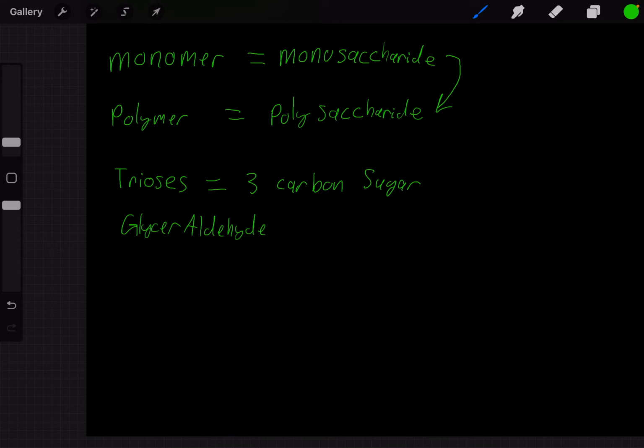You'll have a pentose, which is a 5 carbon sugar. A type of that would be ribose.